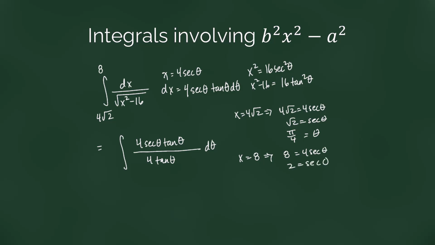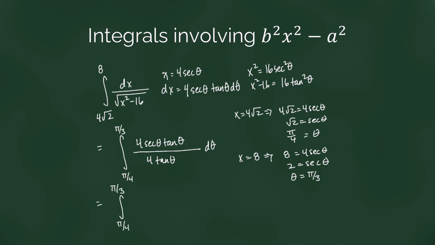So 2 is equal to secant theta, which means that theta must be pi over 3. So now we have the definite integral from pi over 4 to pi over 3 of 4 secant theta tangent theta over 4 tangent theta d theta.